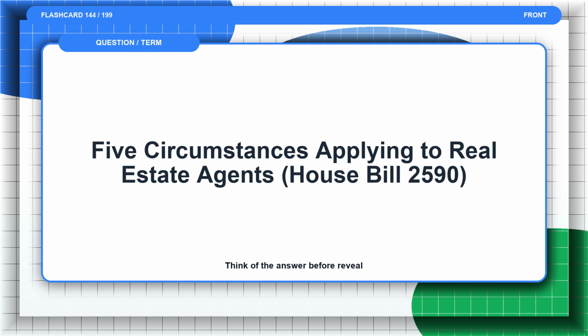Flashcard 144. Five circumstances applying to real estate agents. House Bill 2590. Pause and think of the answer before the reveal.